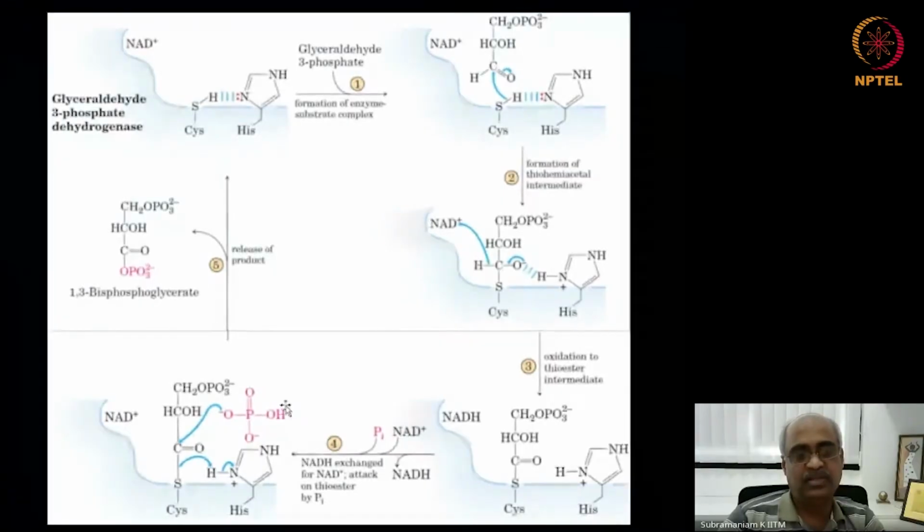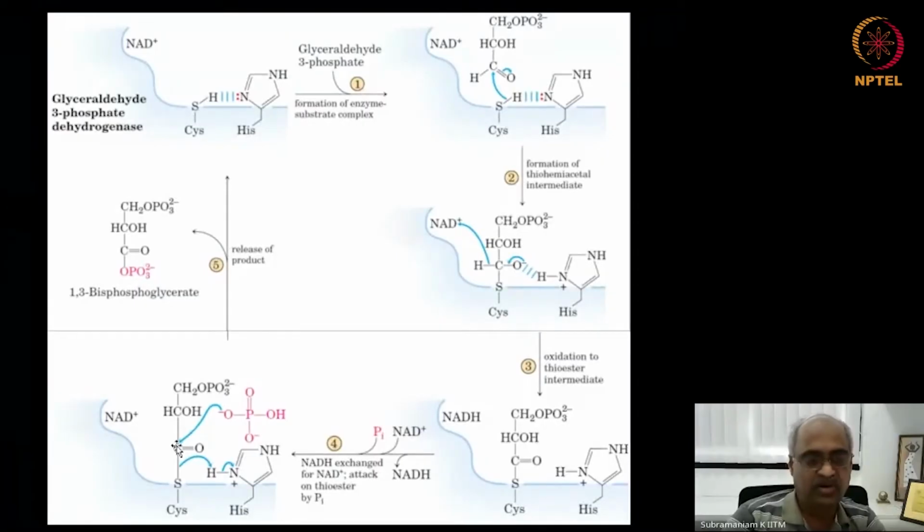And a phosphorolytic cleavage, instead of hydrolytic, where it is water, here it is inorganic phosphate. There again, the partial positive charge in this carbonyl makes that readily possible. And that is also aided by general base catalysis by this imidazole nitrogen of the histidine chain.